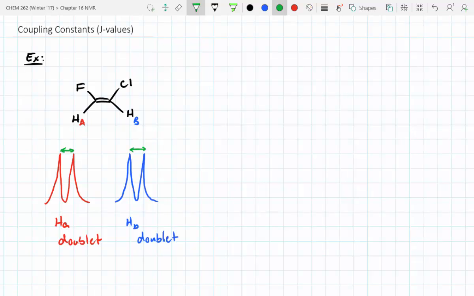We call this JAB and JBA. And basically all it means is that they split each other with an equal intensity, right? So the splitting pattern is going to have about the same width. So JAB equals JBA. And J is just the coupling constant, and J is a coupling constant in Hertz.